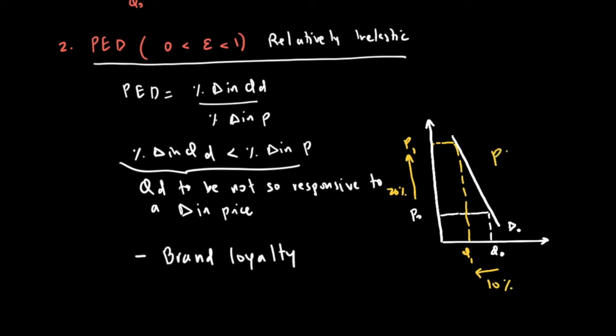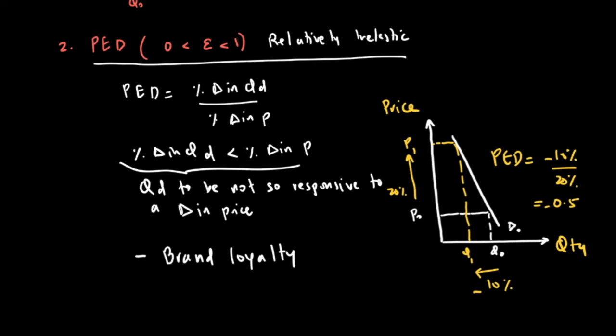So in this case, my PED would be minus 10% over 20%, or negative 0.5. Now this negative sign of course means there's an inverse relationship, but 0.5 means less than 1, which means inelastic, not so responsive.